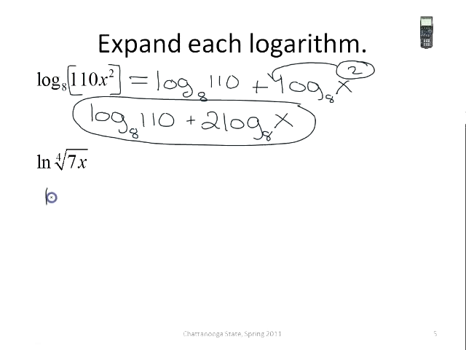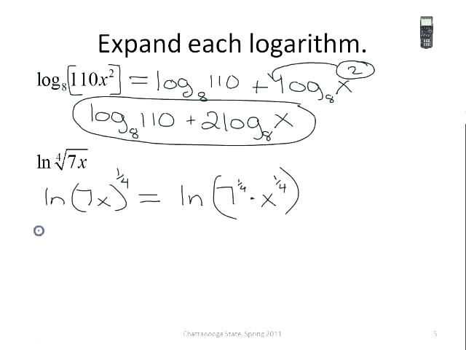In this next example, I have a natural log. It's got a radical in it, so I want to rewrite that using the exponential form. The natural log of 7x raised to the 1/4 power. So I can break this apart into the natural log of, let's think of this as 7 to the 1/4 power times x to the 1/4 power.